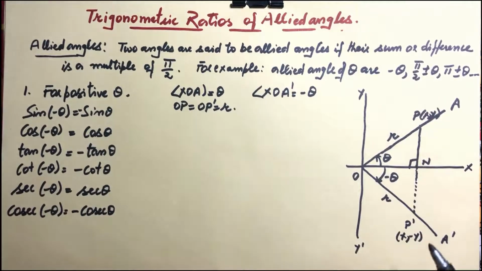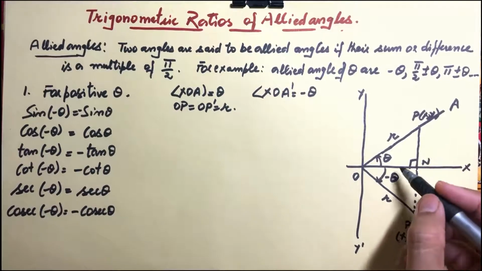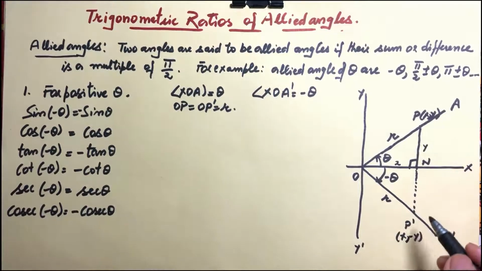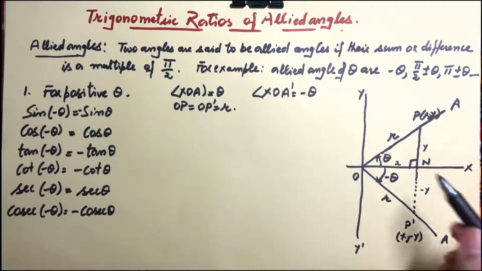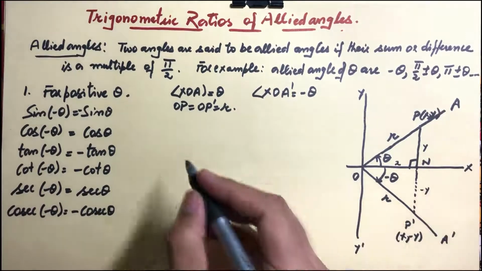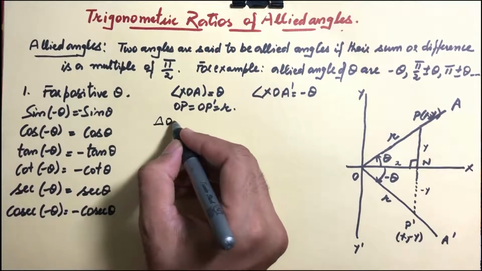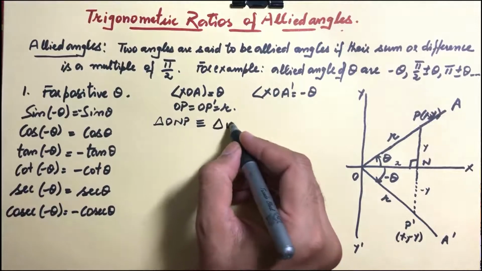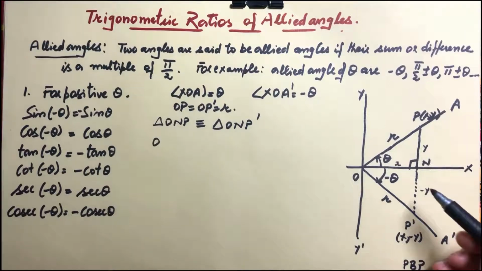Now coordinates of P are x and y, so this is x, this is y, and similarly here this is minus y. Now as we see, these two triangles are congruent to each other: triangle ONP is congruent to triangle ONP dash.